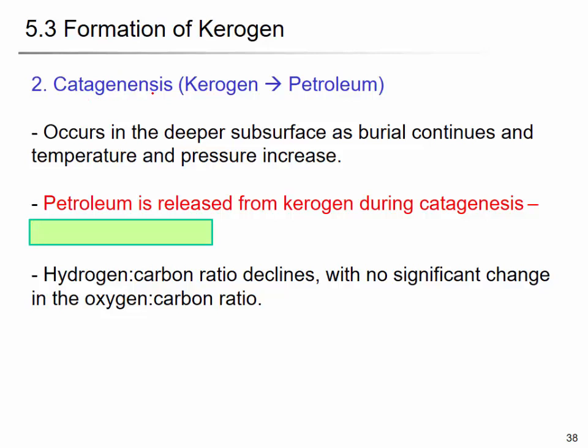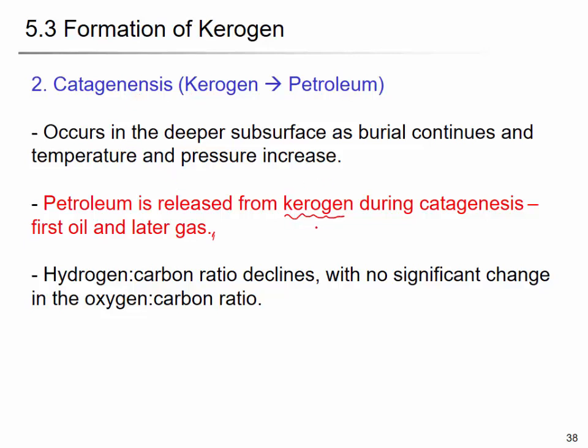And catagenesis is where it occurs in the deeper subsurface as burial continues and temperature and pressure increase. So petroleum is released from the kerogen during catagenesis, first oil and later gas. So from the kerogen to the petroleum, this reaction is called catagenesis.